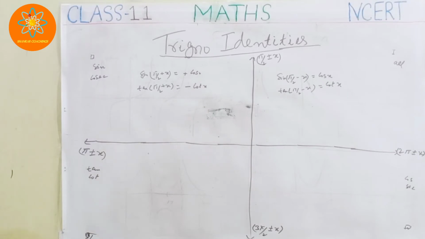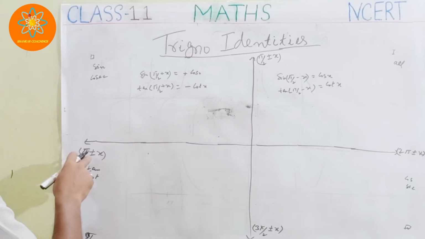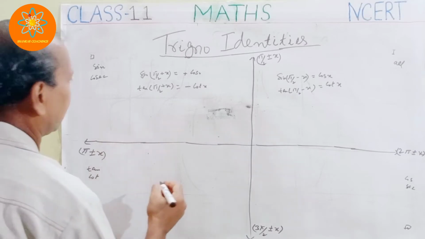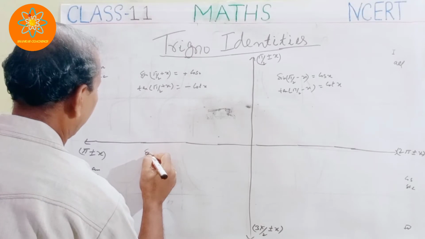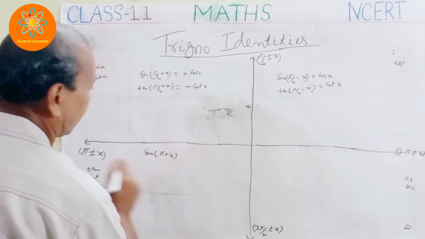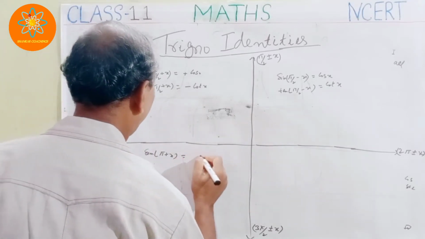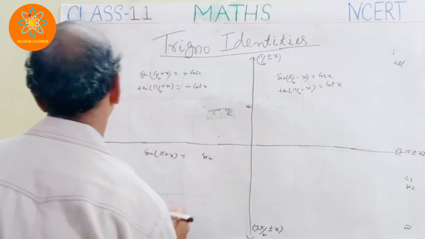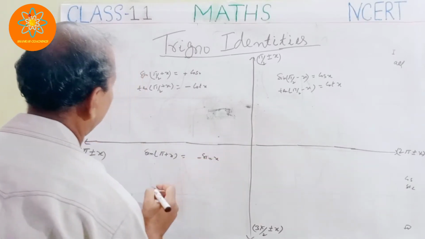Okay. Similarly, if I come to pi plus x, it will be in the third quadrant. So let's suppose I am writing sine(pi plus x). On the x-axis, it will not change, so sine will remain sine, and the sign will be minus, so minus sine x.